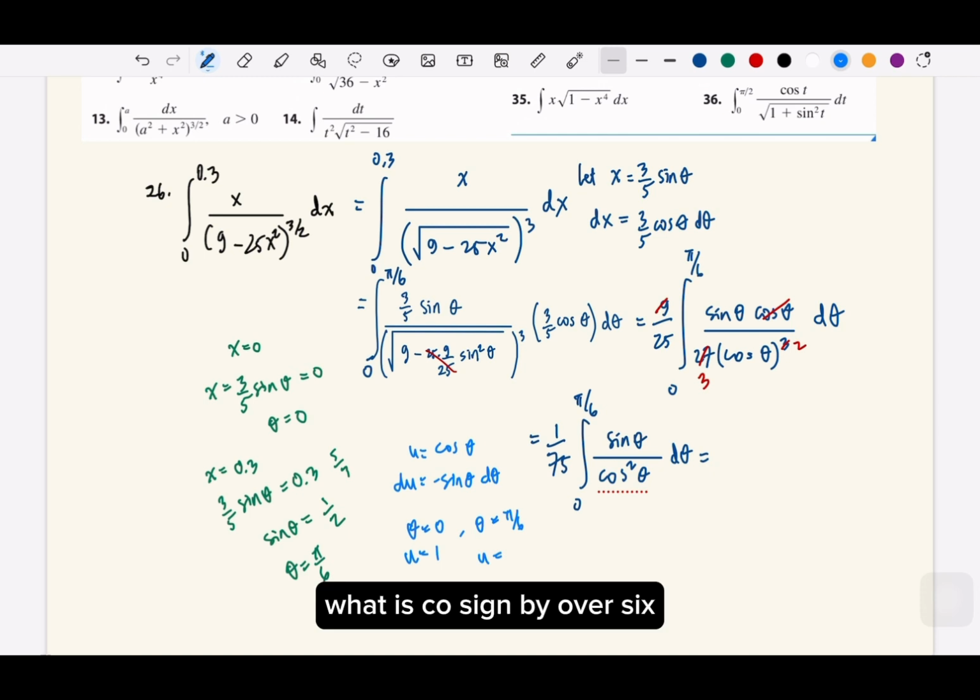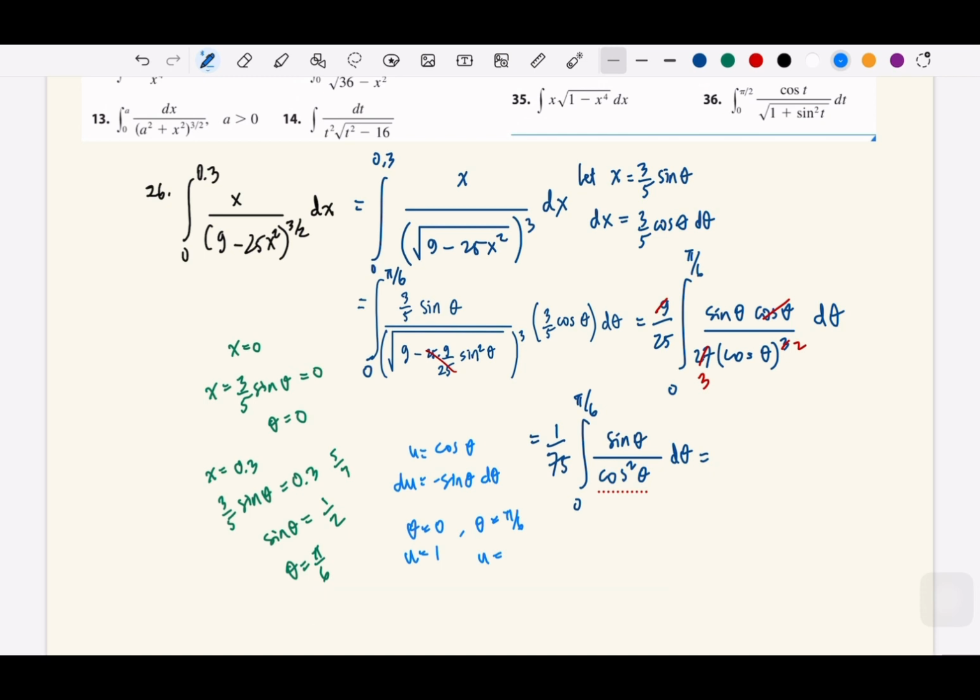What is cosine pi over 6? You need to know. Square root of 3 over 2. Okay.